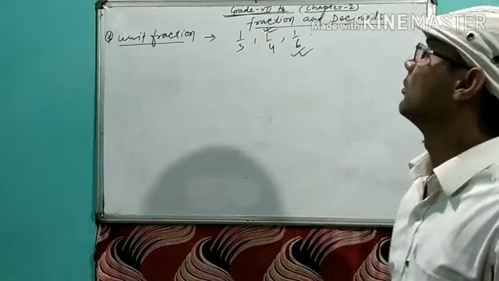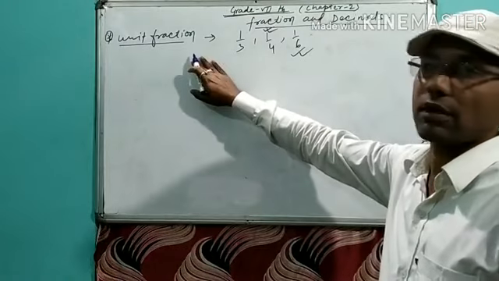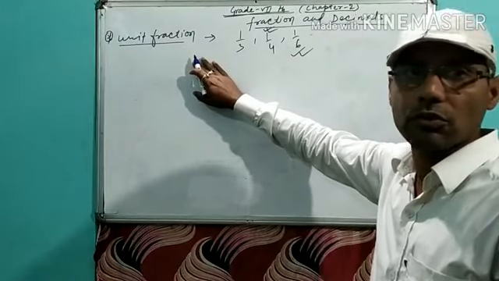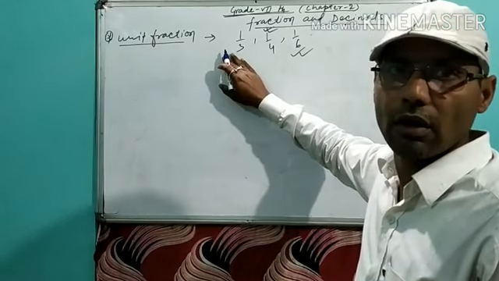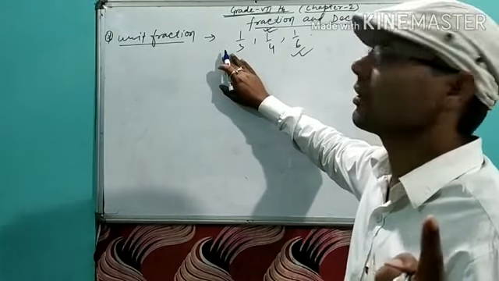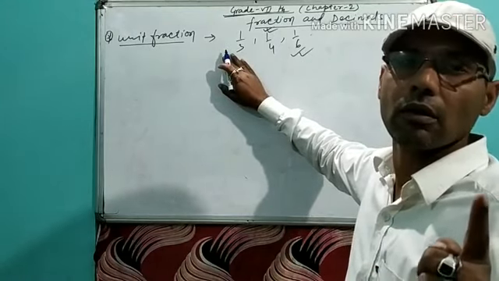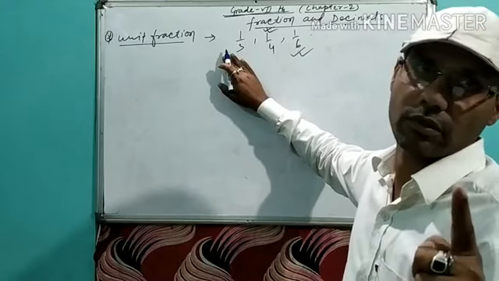Such examples are in the category of unit fraction. The numerator of a unit fraction always remains 1. A fraction in which the numerator remains 1 is known as a unit fraction. Okay.